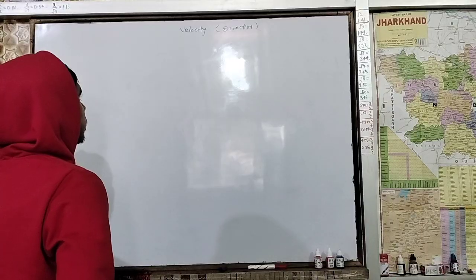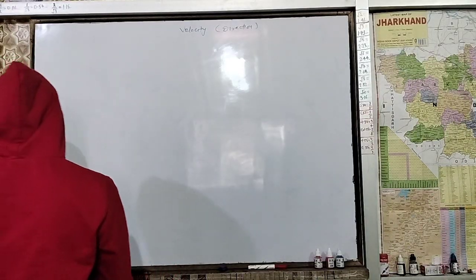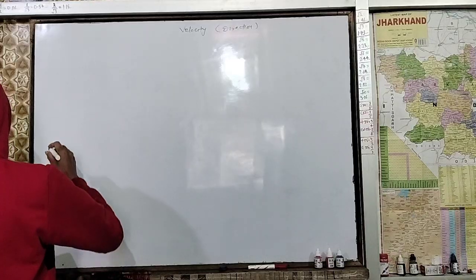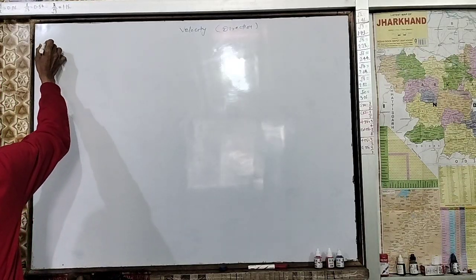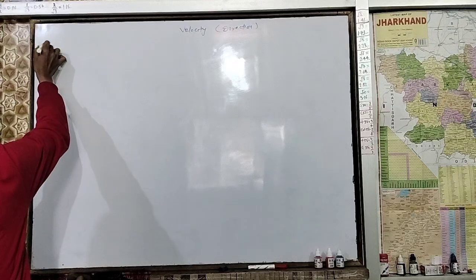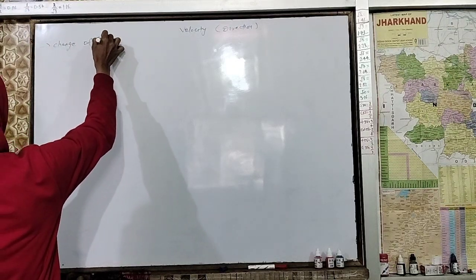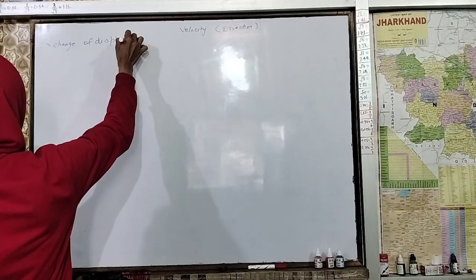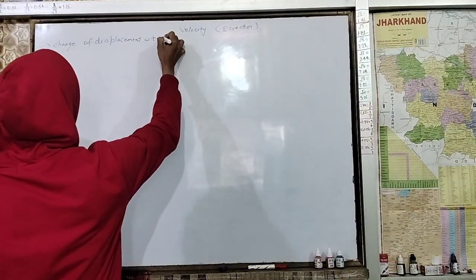The work of a velocity is to tell a speed with a direction. Change of displacement with respect to time. The main point is change of displacement with respect to time.